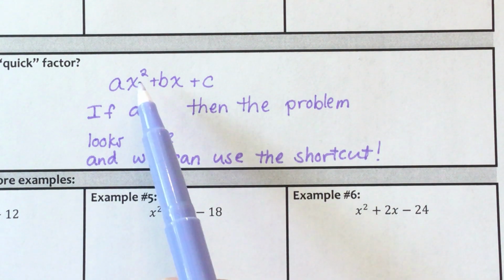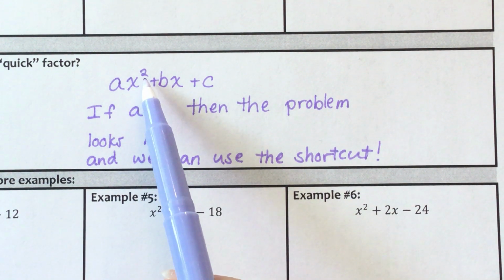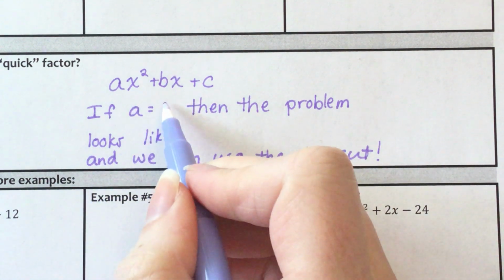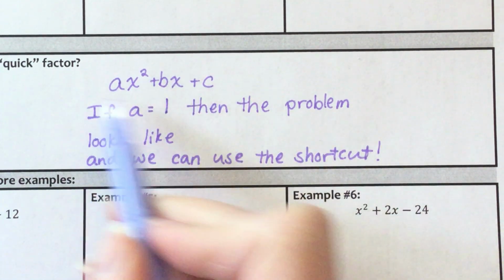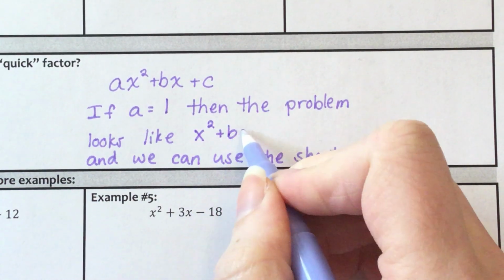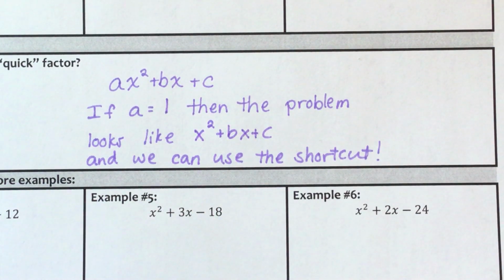It's got to be the x squared. If this is like an x cubed, this is not going to work. If a equals 1, then this problem really looks like x squared plus bx plus c, and we can use the shortcut method or quick factoring instead of doing all of that work that we did in example 3. So this is going to go a lot faster.